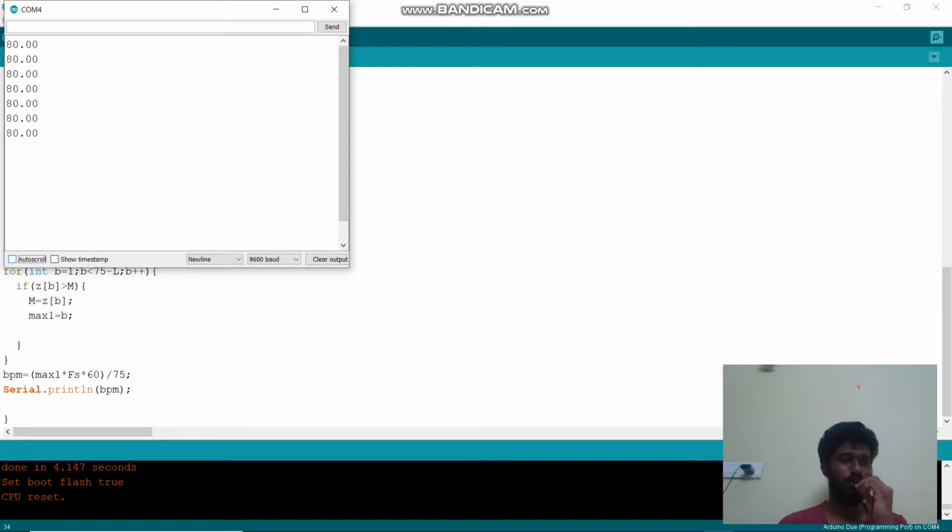So now we have got the pulse rate as 80. So now let us check with MATLAB. Check the pulse rate using MATLAB.